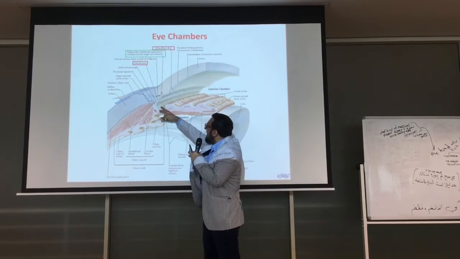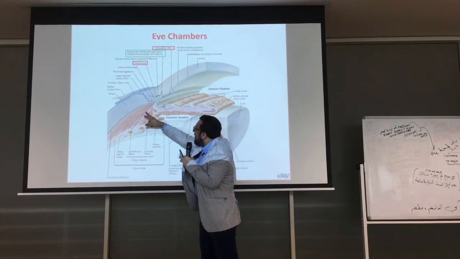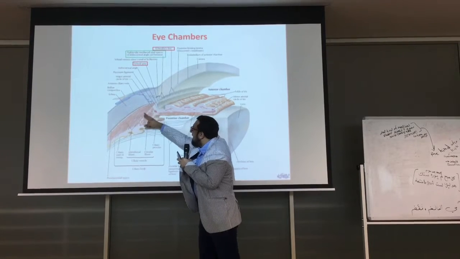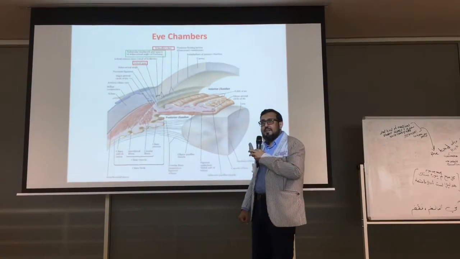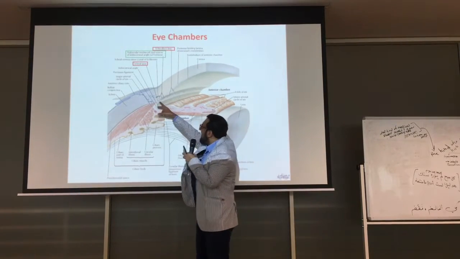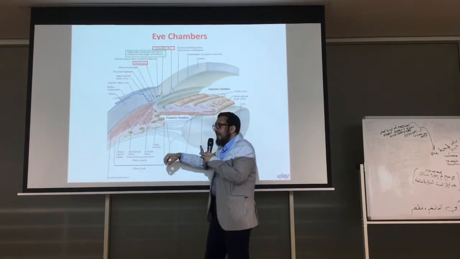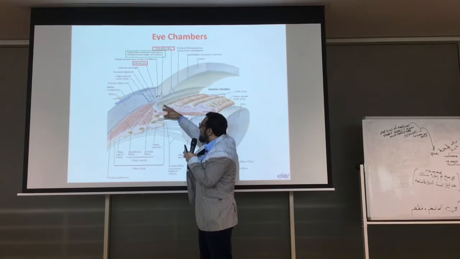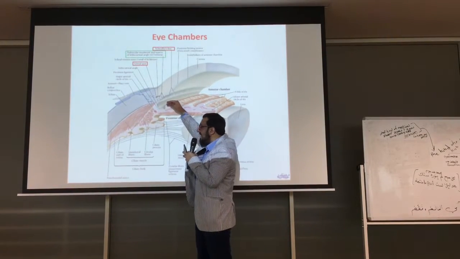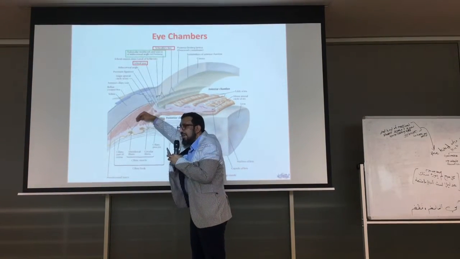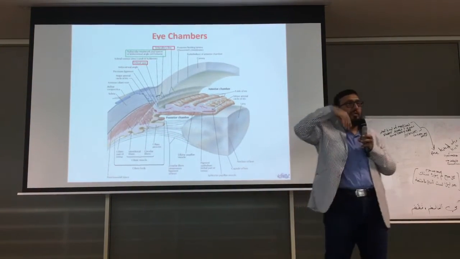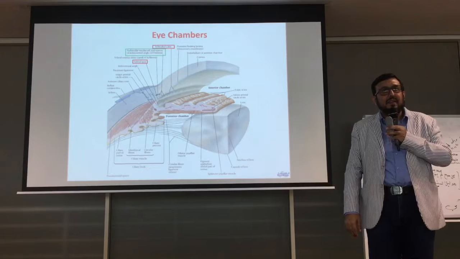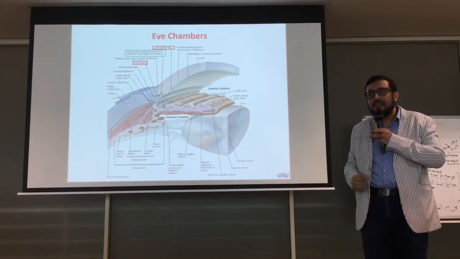Then behind the scleral spur is the area produced by the attachment of the ciliary body. These small canalicules are draining the aqueous humor into the ciliary body, and then through the lymphatic system it will ultimately drain into the veins.